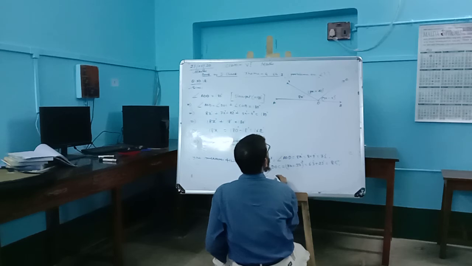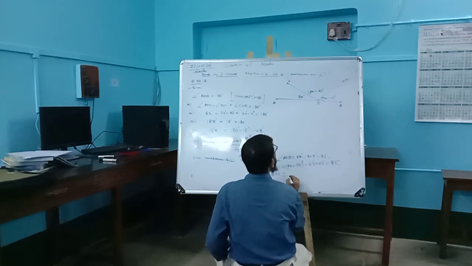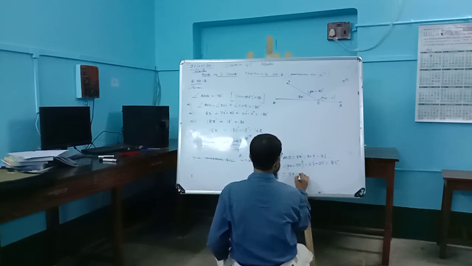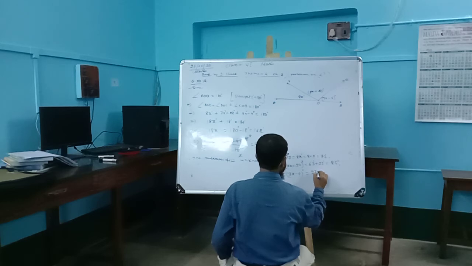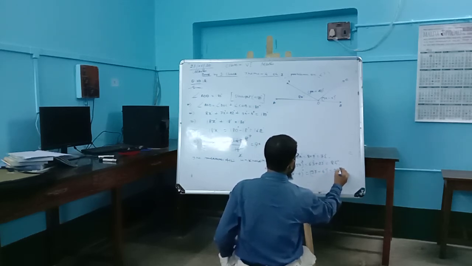Angle COB or BOC equal to 3x minus 4 degrees equal to 27 minus 4 degrees equal to 23 degrees.